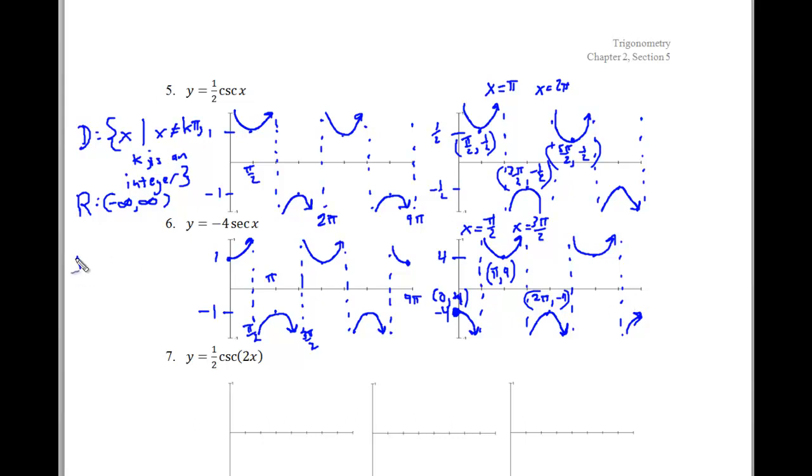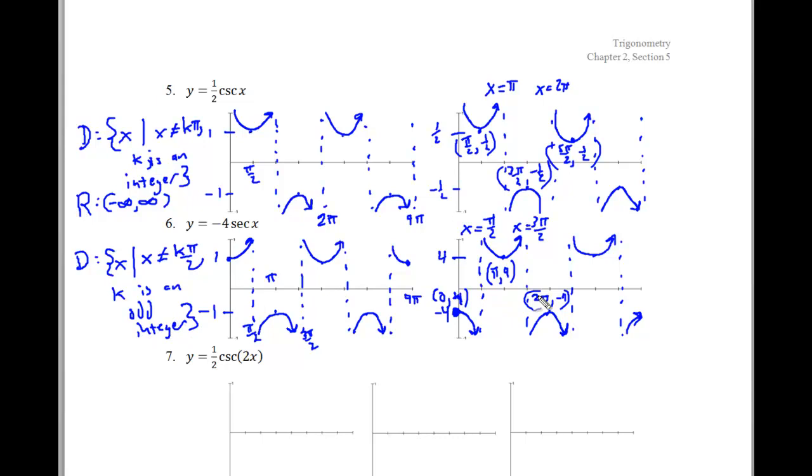Now, in terms of our domain, this should be a little interesting, because we're going to have to figure out a way to write the fact that there is an asymptote line at pi over 2, and then at 3 pi over 2, then at 5 pi over 2, then at 7 pi over 2. So x is not going to be at k pi over 2, where k is an odd integer.